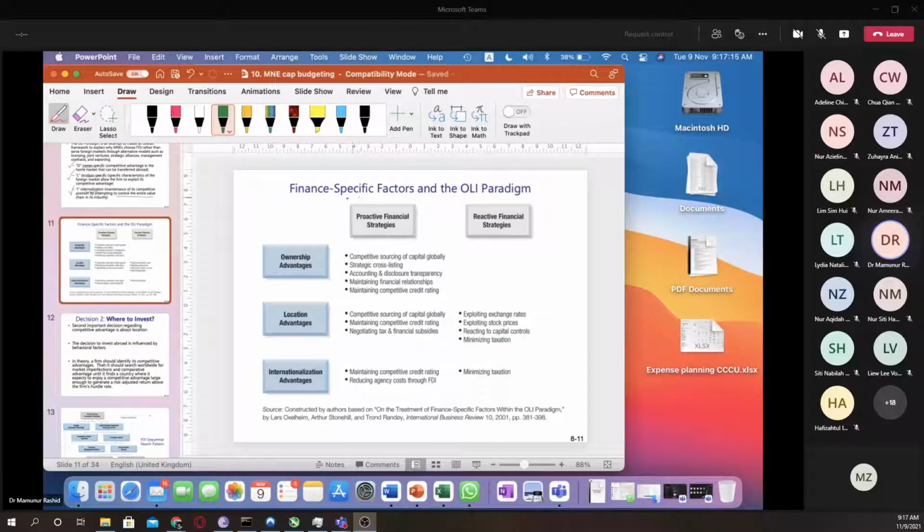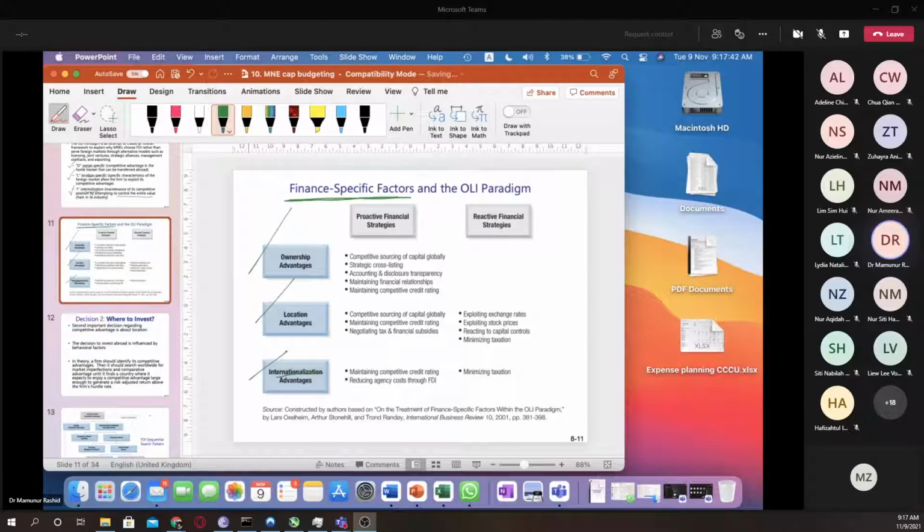This is an example of finance specific factors for OLI. You can look into ownership advantage, location advantage, and internalization. Maybe it's a mistake: this is actually taken from the book, but it should not be internationalization, it's internalization.